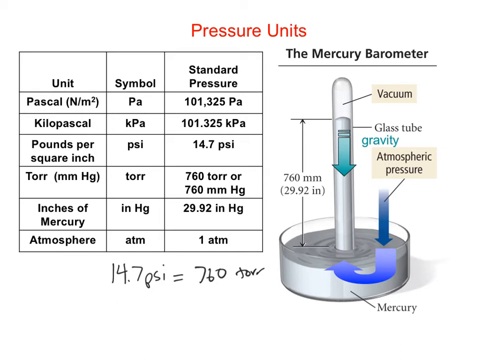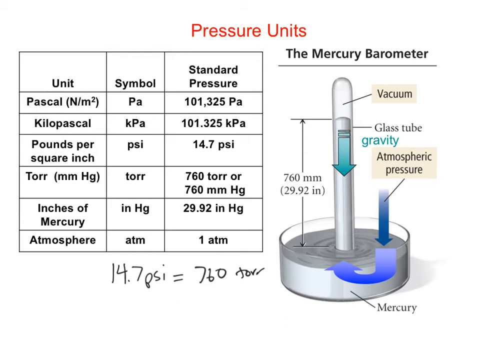There are some different forces acting on the mercury, causing it to move up into the tube. We have atmospheric pressure pushing down on the surface of the mercury, and that's going to want to cause the mercury to move up into the evacuated tube. But we also have the force of gravity that's working against the mercury wanting to move up in the tube.